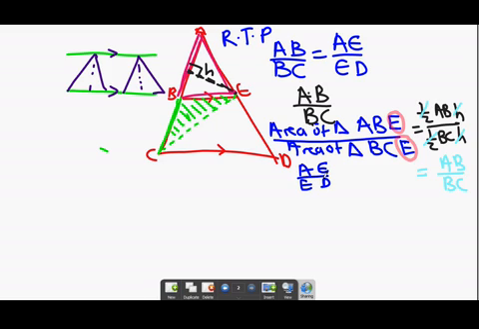So we are going to say area of triangle, we know the base is AE, and the bottom one, area of triangle, we know the base is ED.